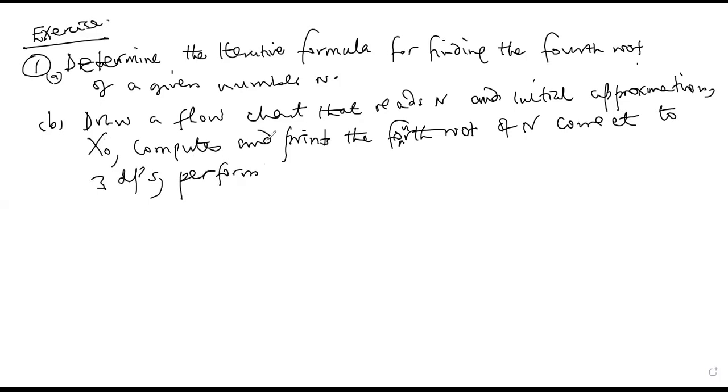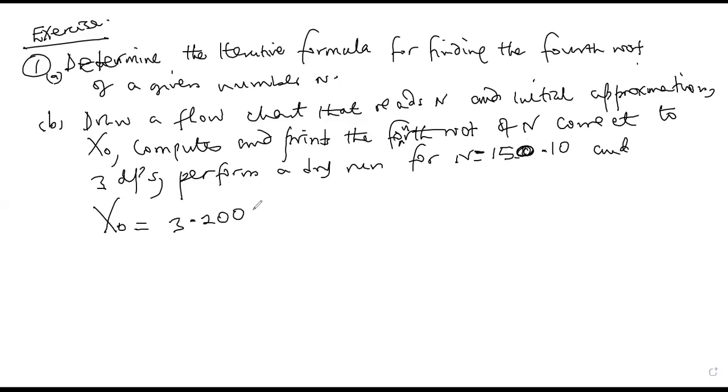Part C: perform a dry run for capital N is 150, error 0.10, and x naught 3.200.